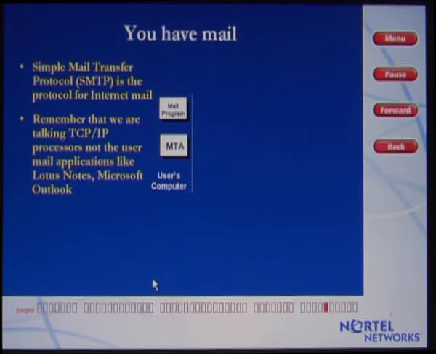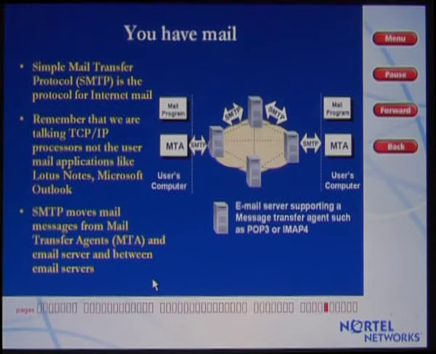When you send the email message, the application hands it to a mail transfer agent, MTA. The MTA is the TCP/IP process, and it uses the TCP/IP protocol SMTP. The message moves from MTA to MTA until it gets to the addressee's computer.